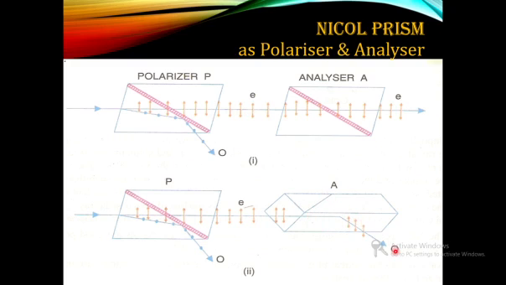So that ray will be totally internally reflected and no ray proceeds forward or emerges. So this is how the Nicol Prism acts as a polarizer and analyzer. Okay, thank you.